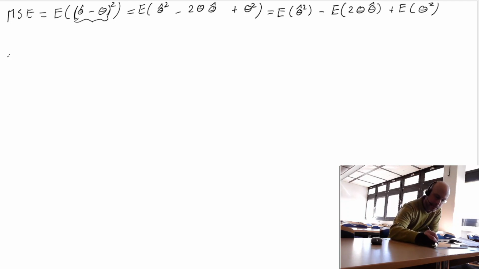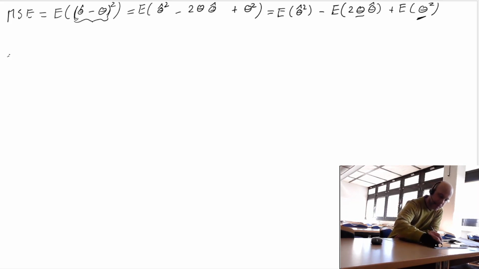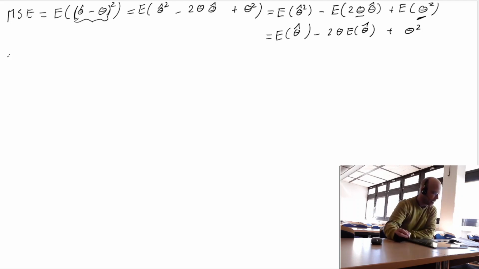Since theta is the parameter we are looking for, we can treat it as a fixed number, and so we can take it out of the expectation operator. So we obtain E of theta hat squared minus 2 theta E of theta hat plus theta squared.